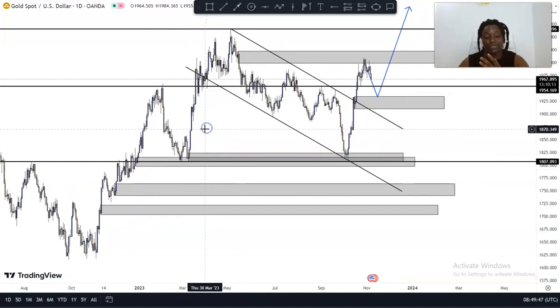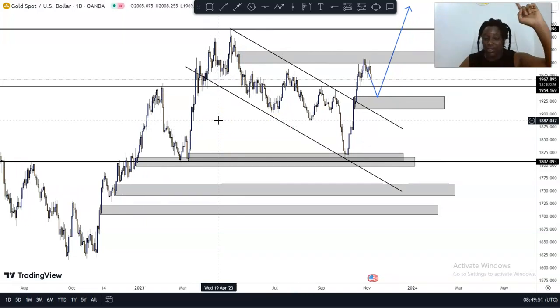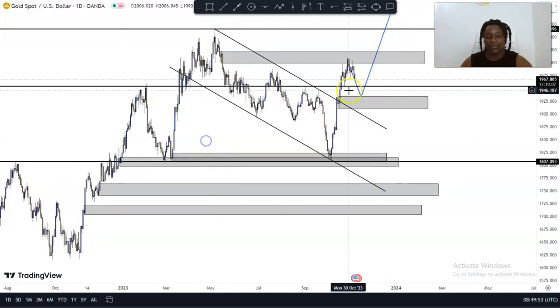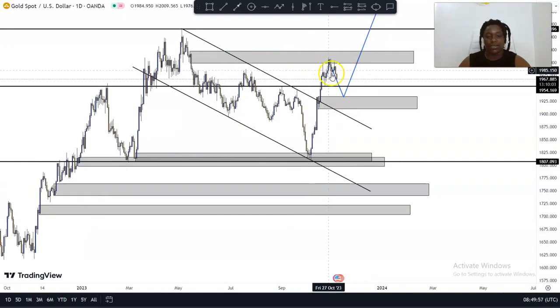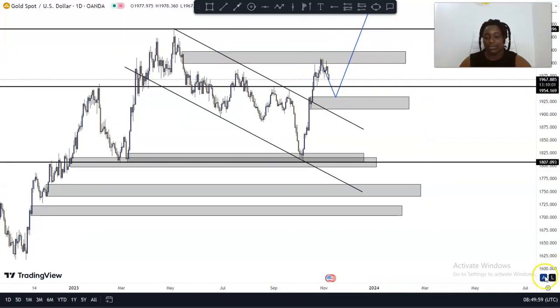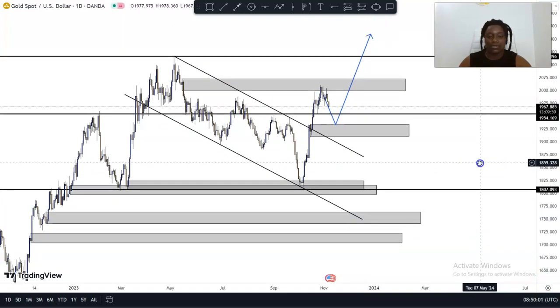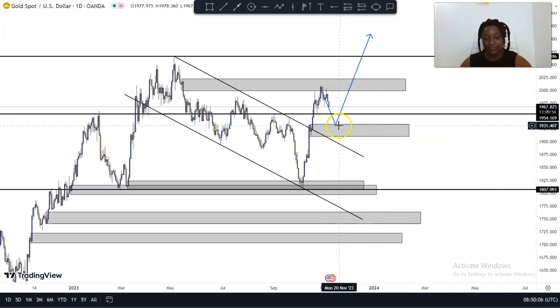And if I am to take my trade based on this flagpole, my take profit is way, way, way up, right? So I see price respecting this watch zone right here, and my prediction for this market is price is going to retest this demand, right? And then go back up. That's just what I think. That's just what I feel is going to happen.